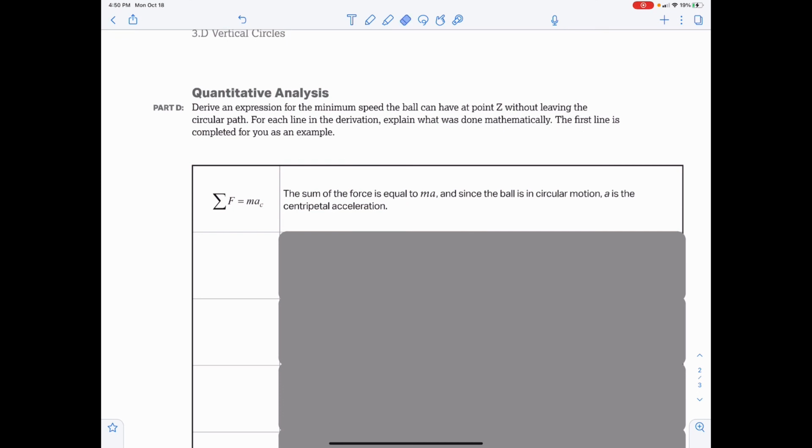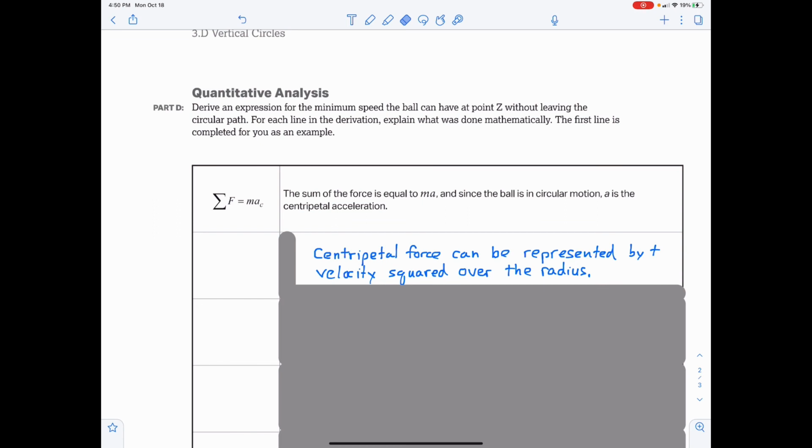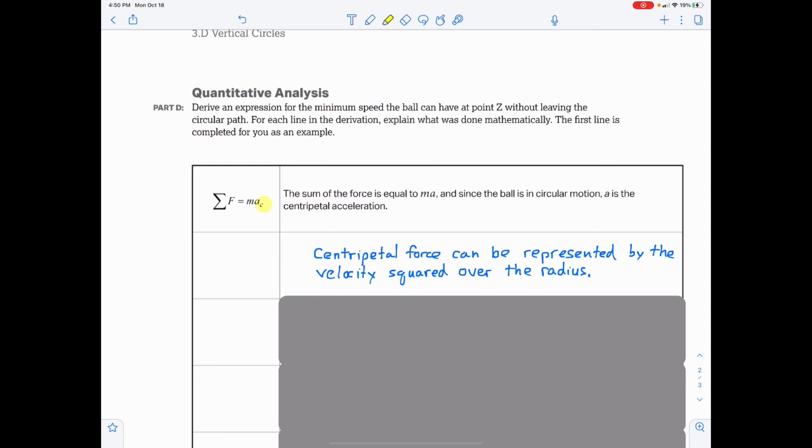Okay, next up. Centripetal acceleration can be represented by velocity squared over the radius. So I'm going to substitute for AC, and net force is equal to mv squared over r.